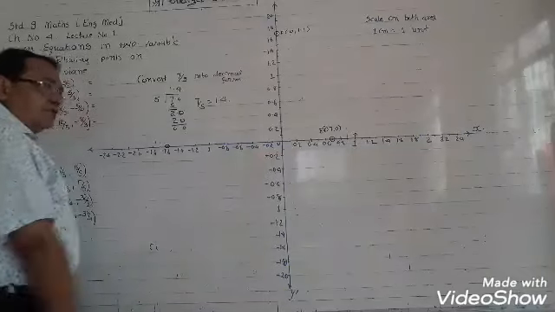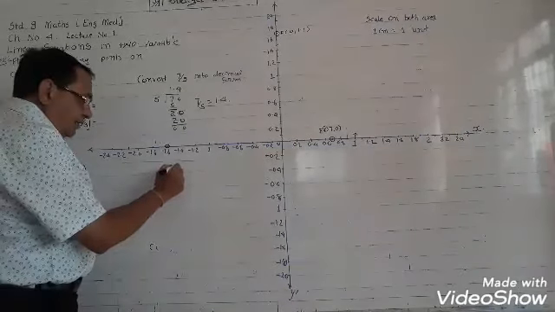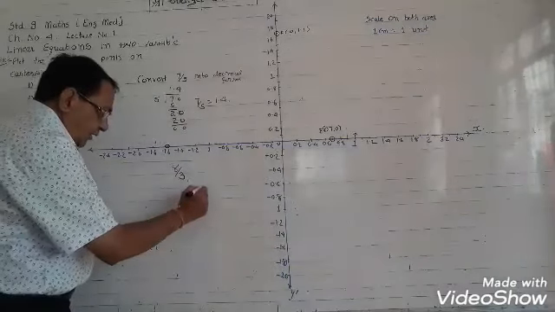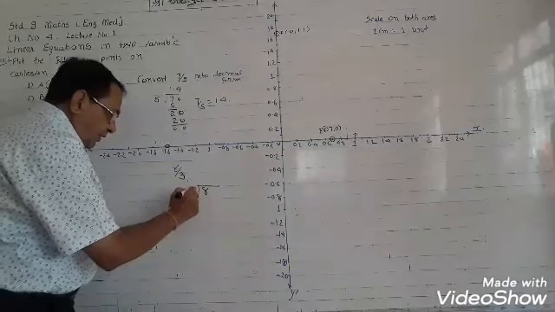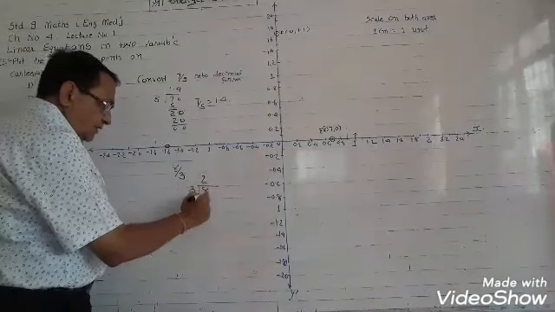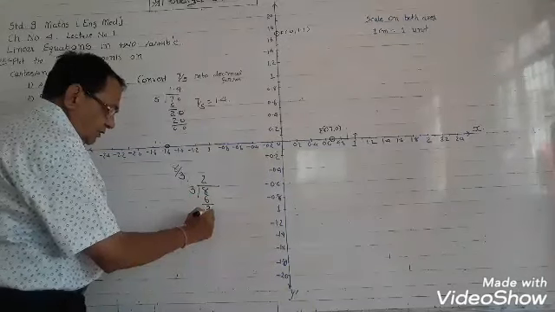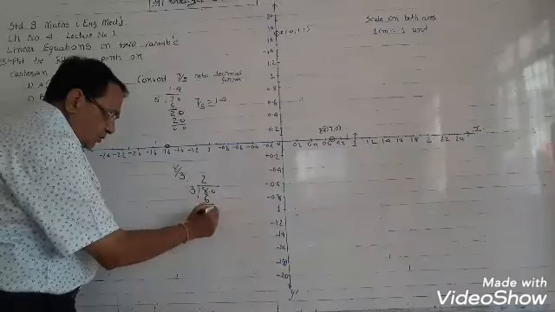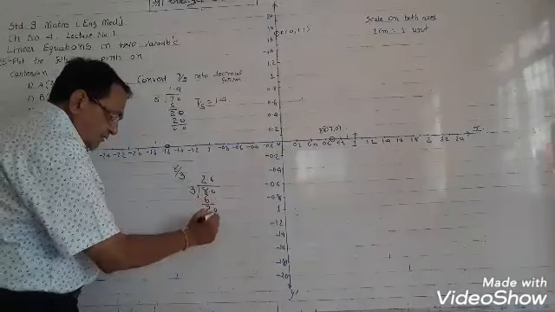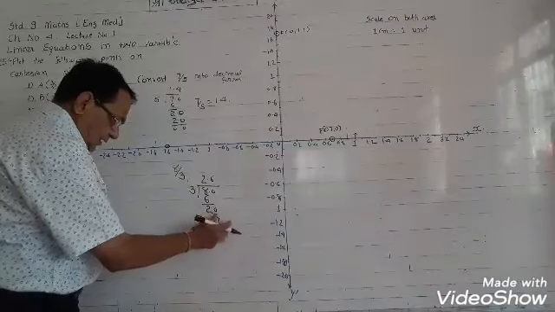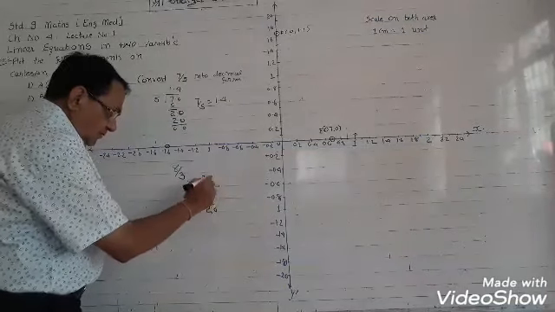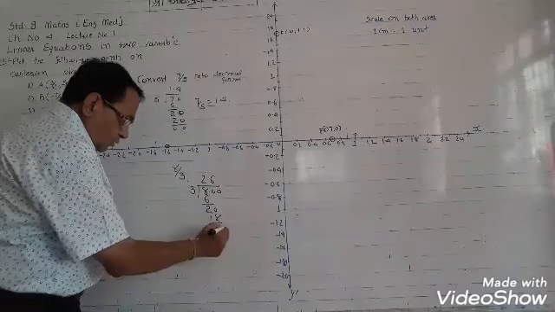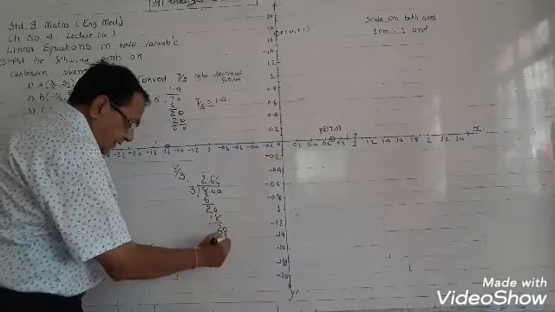Suppose you are given 8 upon 3. Convert it into decimal form. So 8 divided by 3. 3 twos are 6. Now 2 is the remainder. Now take the decimal point, 0, 0.6, 6 threes are 18. Again 2, 0, 6 threes are 18.